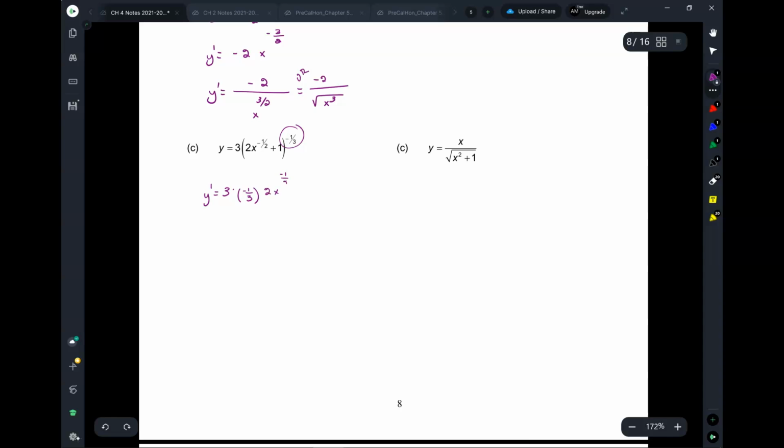2x to the negative 1 half plus 1 to the power of what? Negative 4 over 3. Okay, times the derivative of the inside. What's the derivative of the inside? 2 times negative half x to the negative 3 over 2 plus 0.